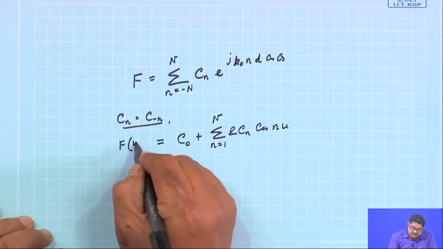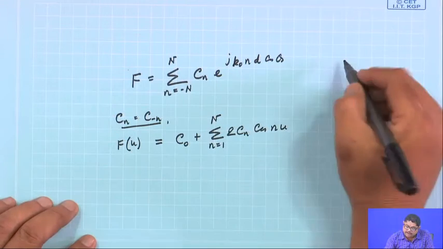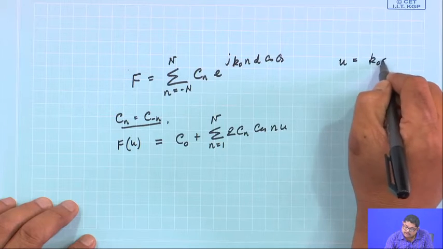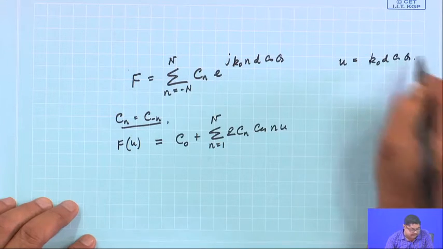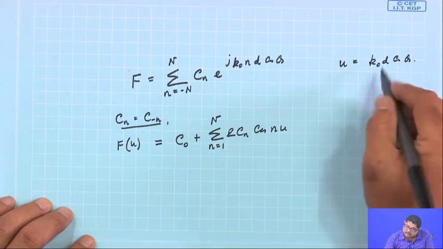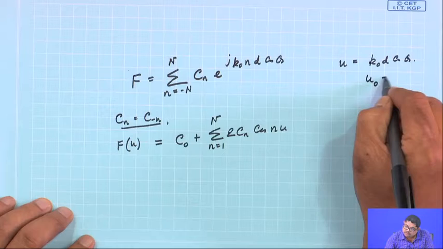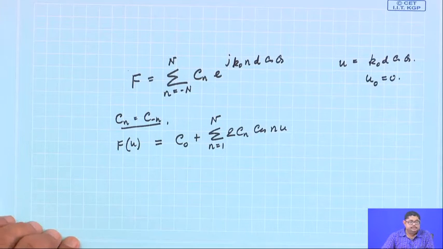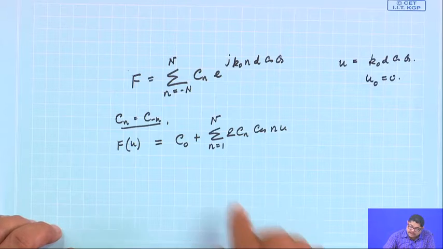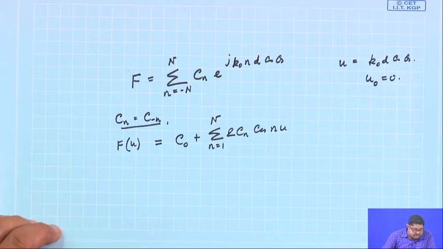If I call this F(u), where again, as before, u is nothing but k0 d cos theta. Here we have assumed that u0 is 0 in phase excitation. So, Cn is a complex quantity.